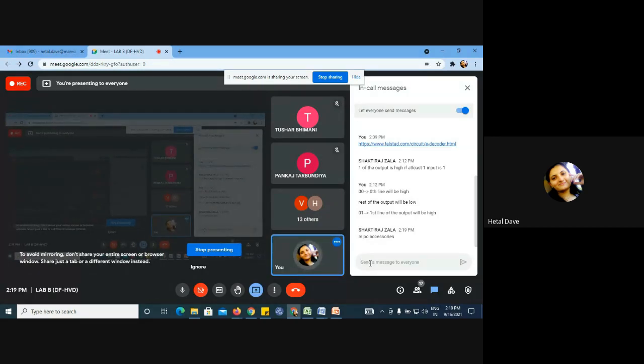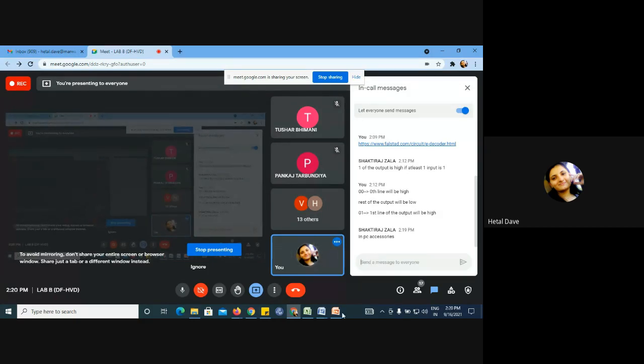In PC accessories, Shaktiraj. Any other answer? What can be the application of decoder? Where we can use decoder?